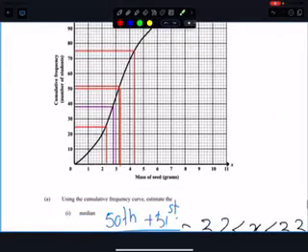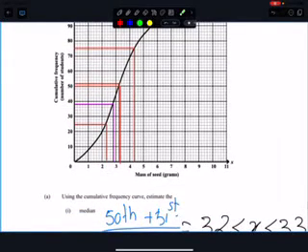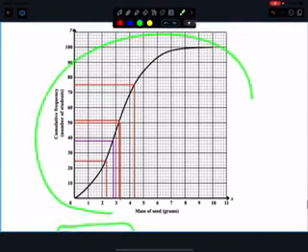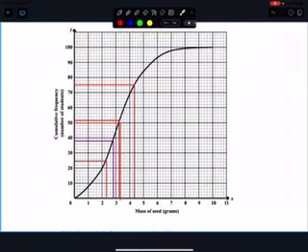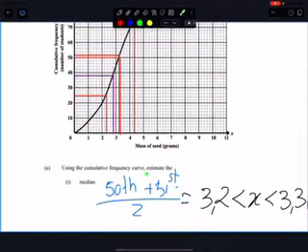So you have 100 students. Reading using the cumulative frequency. Estimate the median, so it's not perfect. Give an estimate, more or less.